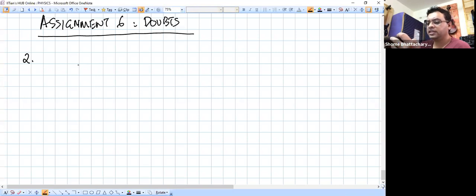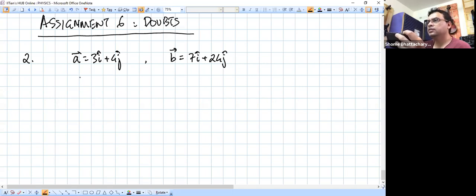So the vector A is given to us as 3 I cap plus 4 j cap, and the vector B is given to us as 7 I cap plus 24 j cap.